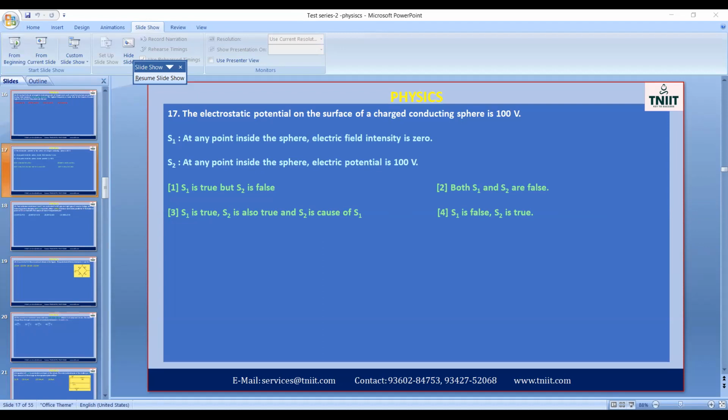Correct, no, Dhanlakshmi? The screen is frozen, sir. You can't see anything?